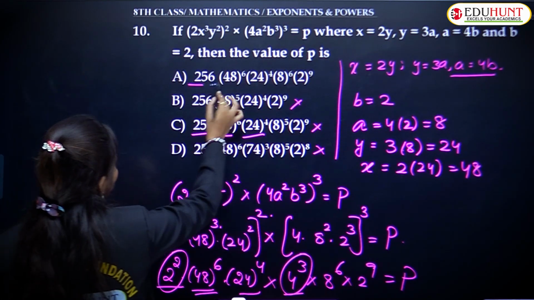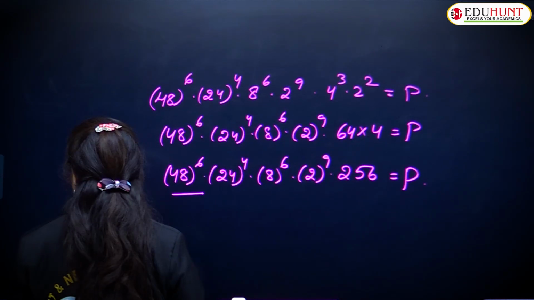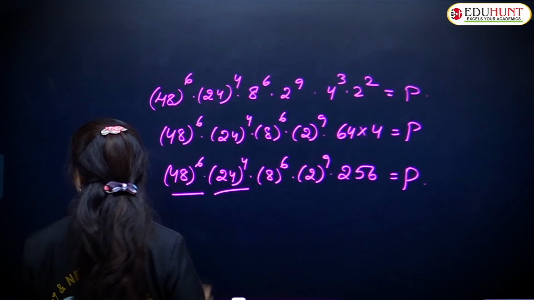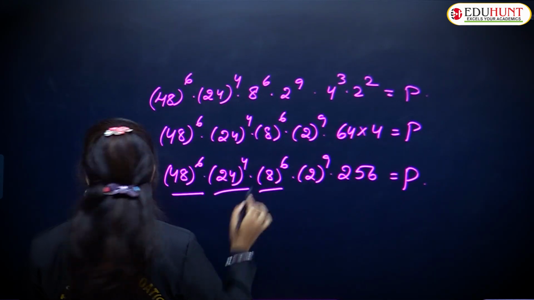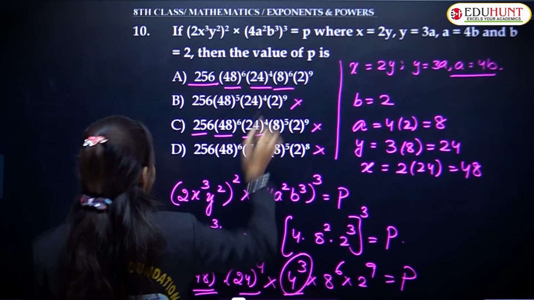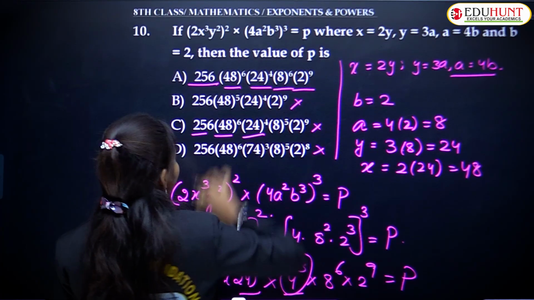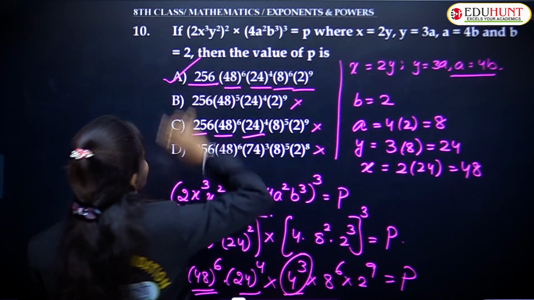And come to this one, 256, 48 power 6, 24 power 4, 8 power 6, 2 power 9. So which option is satisfying here? Option A is satisfying here.